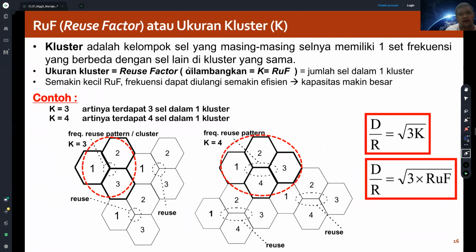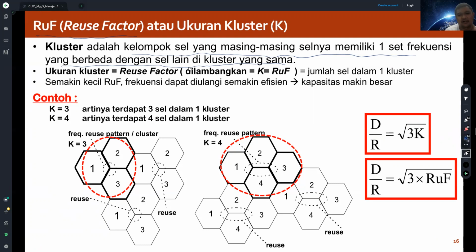So previously, we have already discussed the cluster. Cluster is usually called the reuse factor. A cluster is a group of cells where each cell has one set of frequencies that is different from the other cells within the same cluster. So within one same group, there is no same frequency between cells.